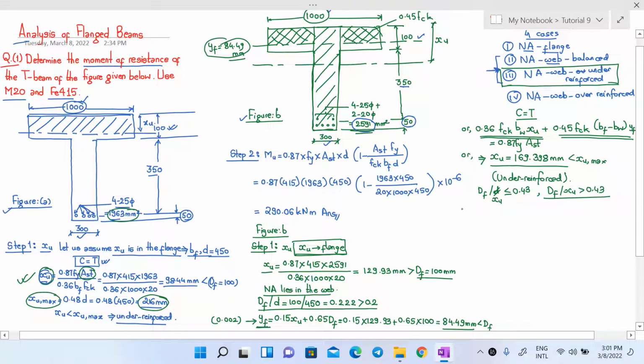So let us find the value of Df by xu now. Df we got is 100 mm as shown in the figure, and xu we calculated here is 169.398 mm, and the value of Df by xu comes out to be 0.59. So this 0.59 is greater than 0.43.